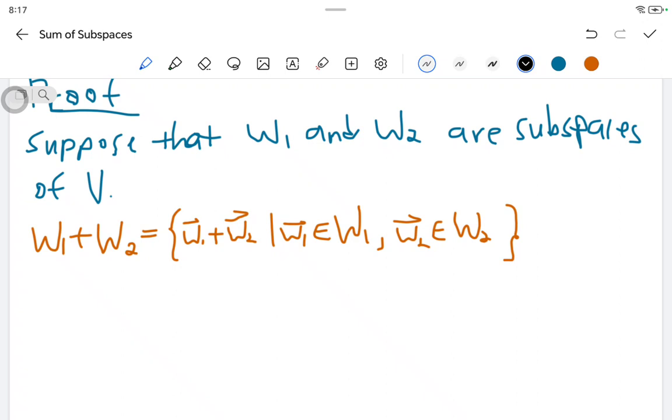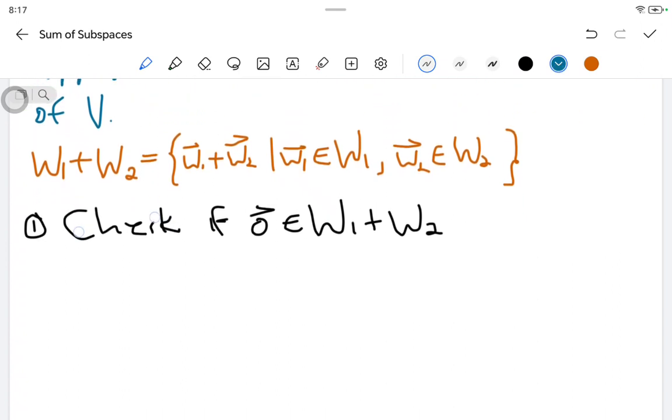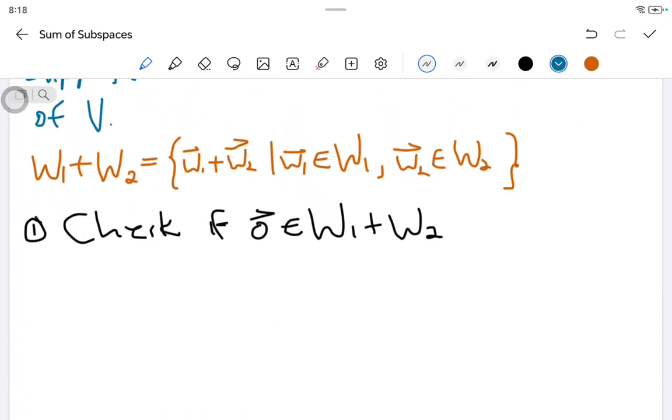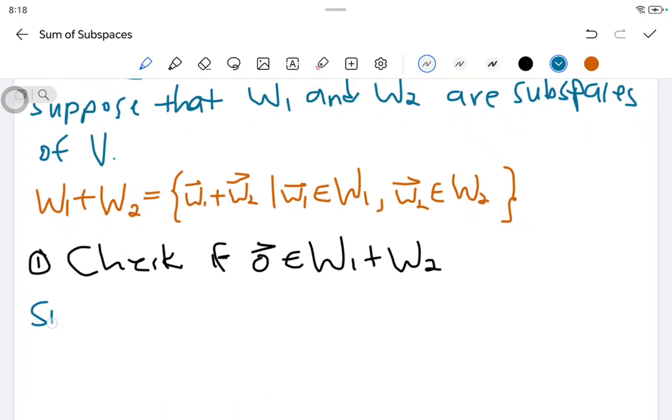And remember I said that first we need to show that this is a vector space. So first I need to check if the zero vector is found in W1 plus W2. So how do we check this? Remember we are given that W1 and W2 are subspaces of V, so I can use that.